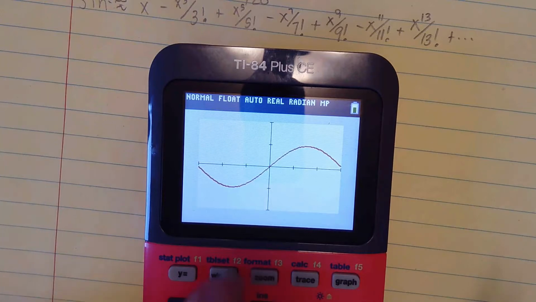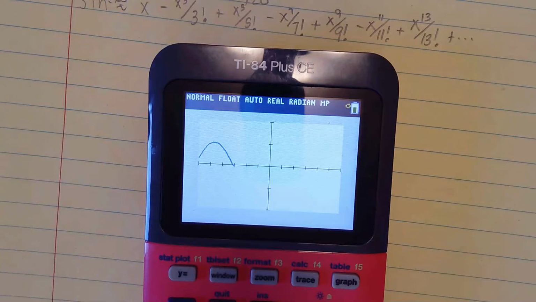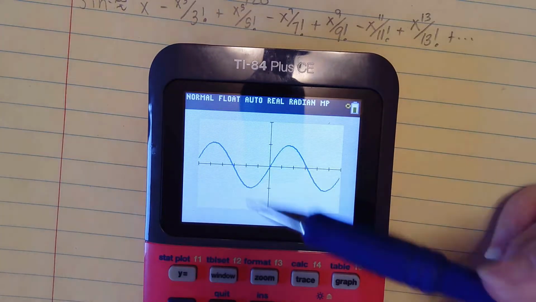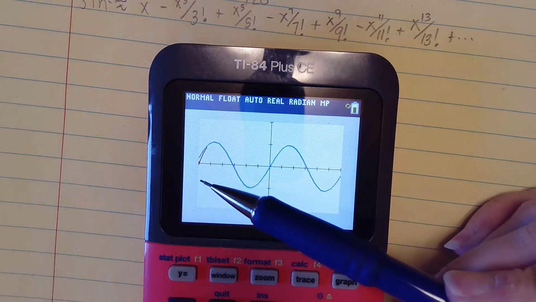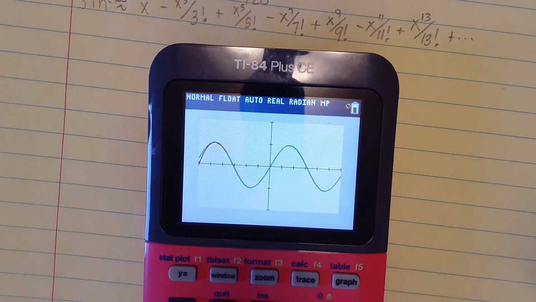Now I'm going to zoom out. I'm going to adjust my window. I'm going to go -6 to 6. Just so that you can see how nicely, so that was my sine curve. This red curve, this curve that's now being graphed, how nicely that curve matches up with our graph.